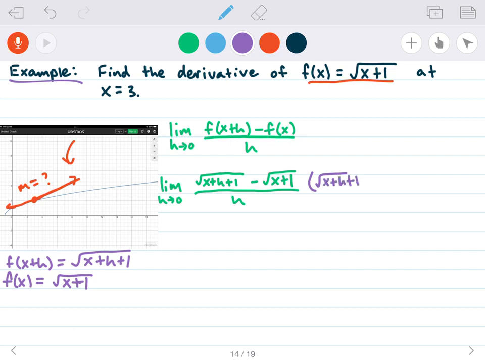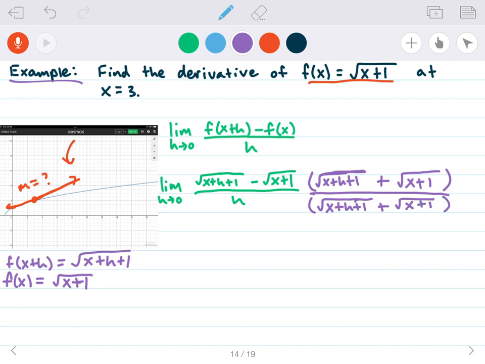So I'm going to multiply top and bottom by the same thing, except we have a plus in the middle: the square root of x plus h plus 1 plus the square root of x plus 1.